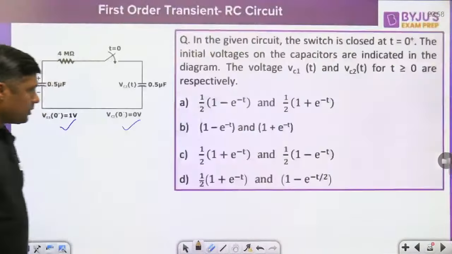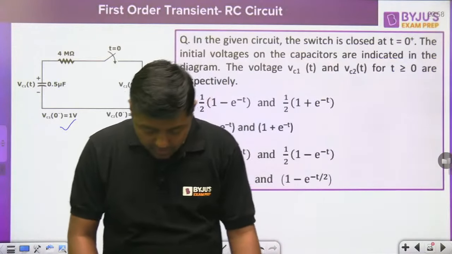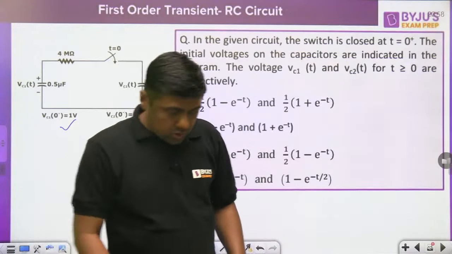What is Hanumanth Rao's advice on how to get strong, perfect concept clarity? First of all, go through theory. Try to solve some important numericals from a standard textbook. Standard textbook means, for example, Sadiku for network, and after that Van Valkenburg.